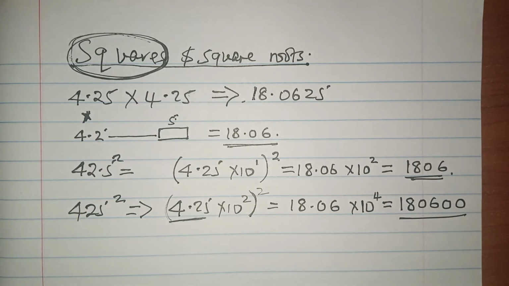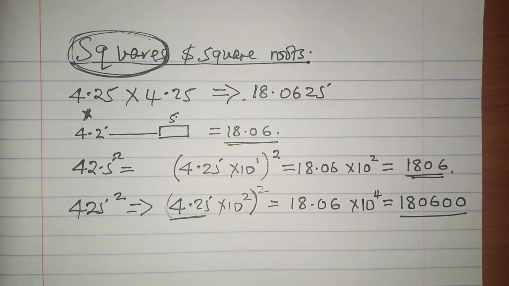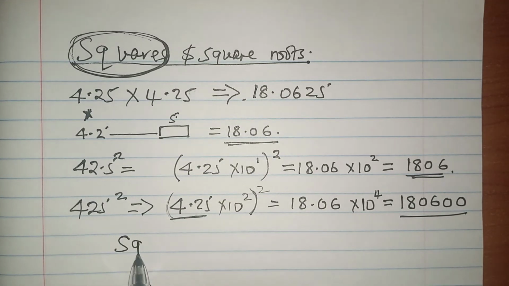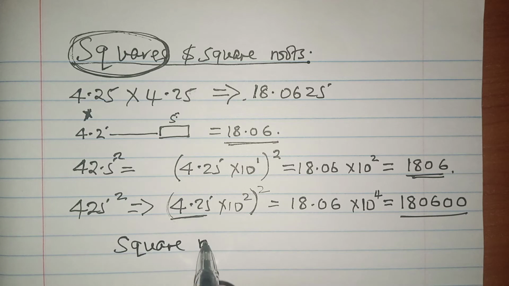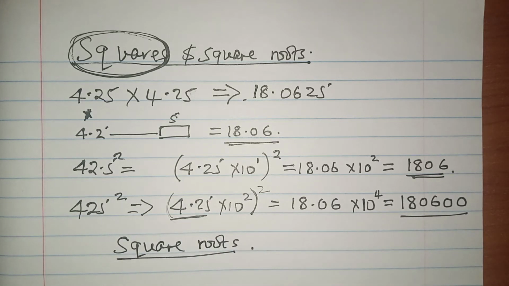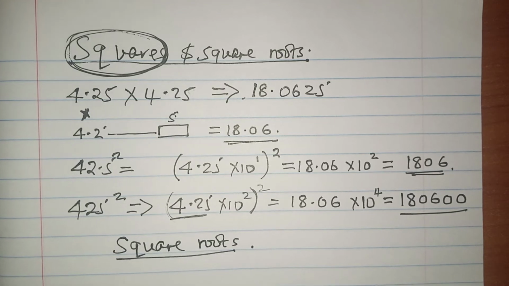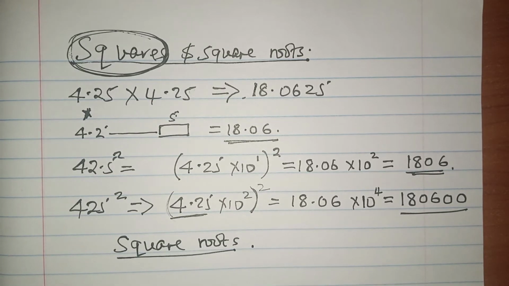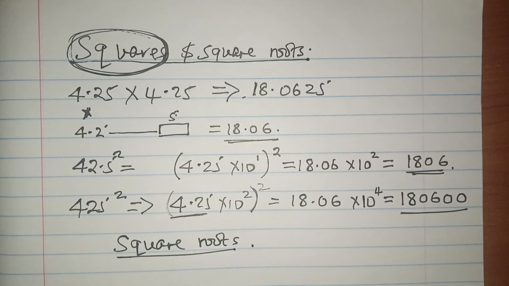So before we wind up, I would want to talk about the square root. A square root is a number which creates a square such that when it is multiplied by itself, it gives you the square.